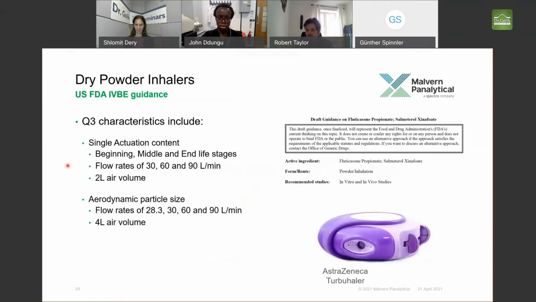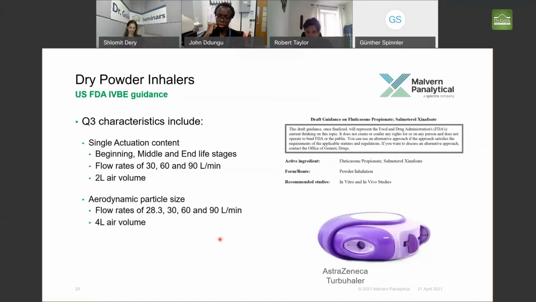So they typically are interested in what the compactor profiles are showing us, and also at different flow rates too. So looking at 30, 60, and 90 liters per minute. What's the single actuation content, and also what's the aerodynamic particle size? So where do these particles impact within, say, a cascade, or latterly a next generation impactor? So that's what the regulatory guidance is.